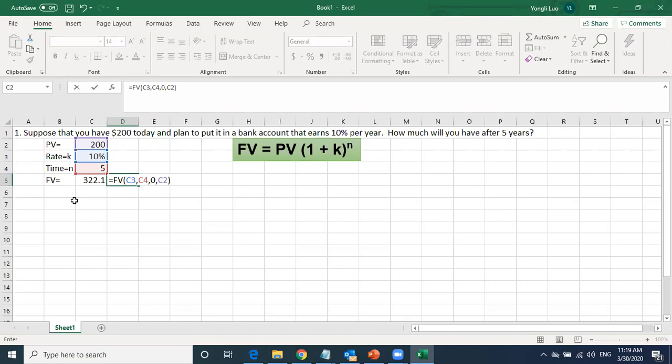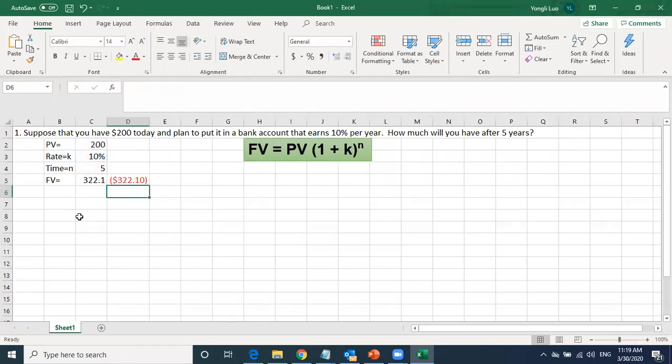That's your future value: $322.10. Notice that this number is red with parentheses. In Excel, that means negative. Why is this negative? Because in the cash flow design in Excel, your present value is the money you have today, considered a cash outflow.